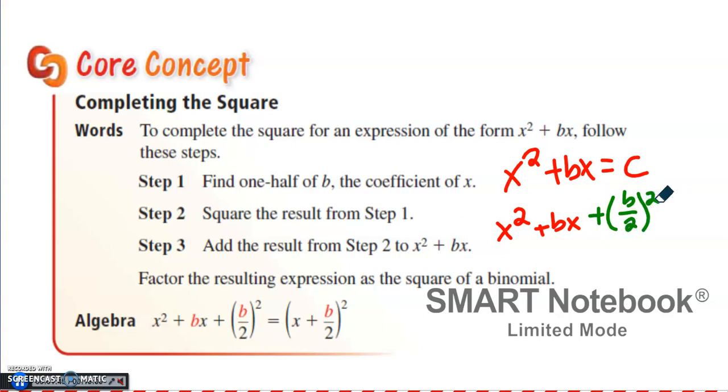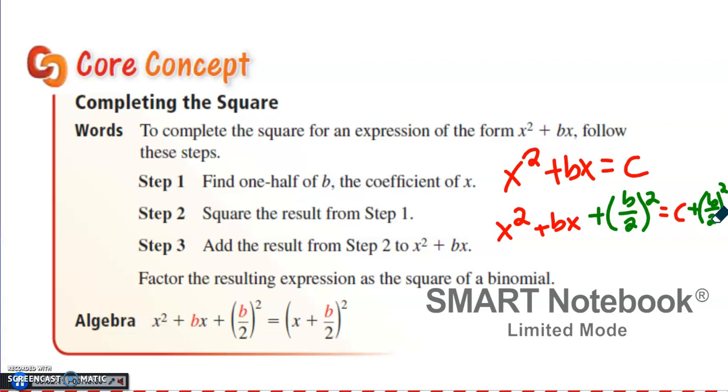We're going to add it to both sides because we need equality, right? What we do to one side of the equation, we need to do to the other side of the equation. And then we're going to factor this trinomial and simplify the opposite side.